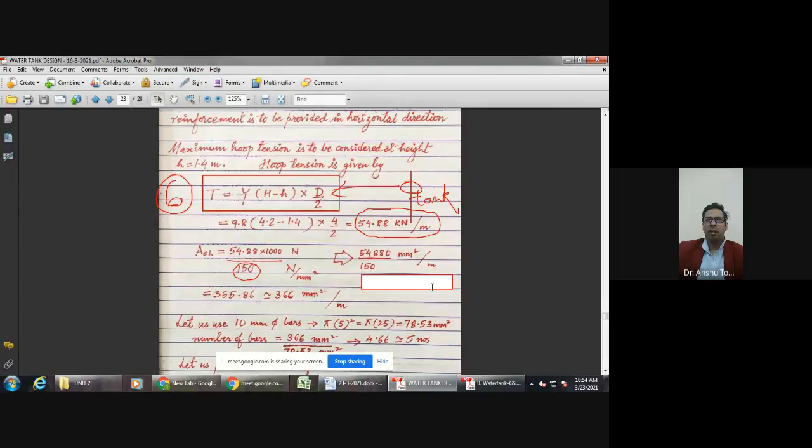If I insert a text box here, stress is equal to force divided by area. Am I right, students?